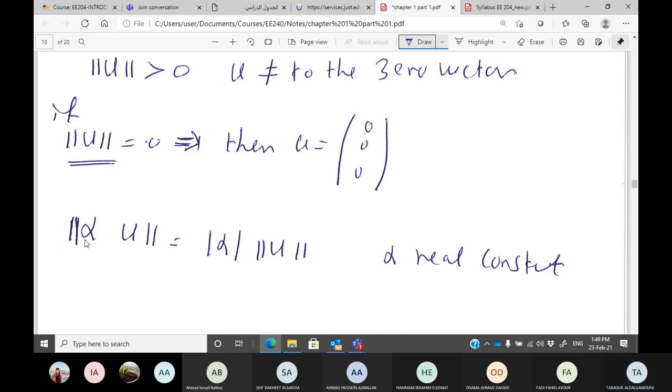Now, the norm of alpha times u is equal to the absolute value of alpha multiplied by the norm of u. Can we prove this? If I ask you to prove this, can you do it?